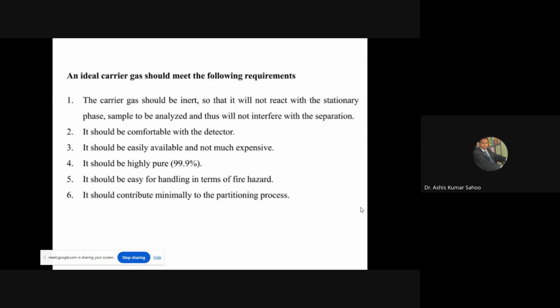So noble gases, being inert, do not react with other substances, so they can be used as carrier gas. It should be compatible with the detector, easily available and not very expensive. It should be highly pure, 99%, with no impurities. It should be easy to handle in terms of fire hazard. It should contribute mainly to the partitioning process. So these are the different conditions for an ideal gas.